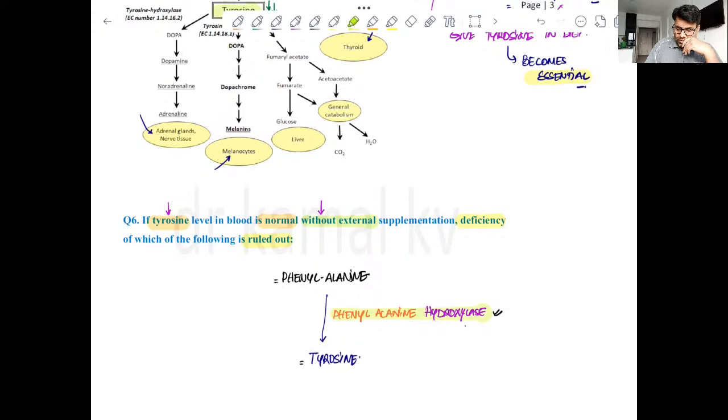So deficiency of which enzyme do we rule out? This is phenylalanine hydroxylase. Clear? So this enzyme deficiency is ruled out because it is converting phenylalanine into tyrosine.